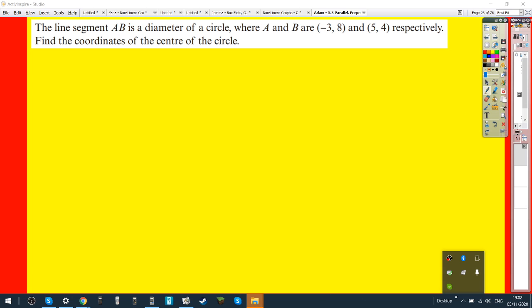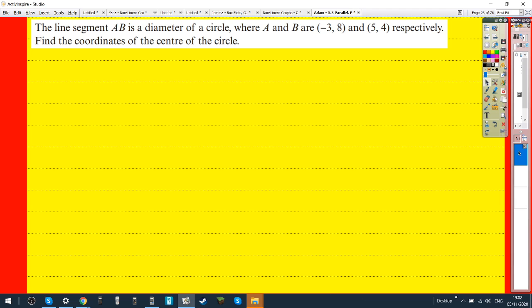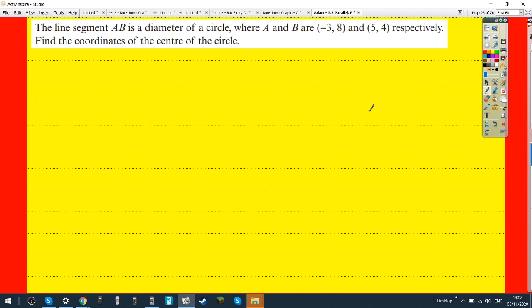Technically we didn't do it, but you should have all the knowledge you need. Do you add them together and divide by 2? Yep. What do you get?